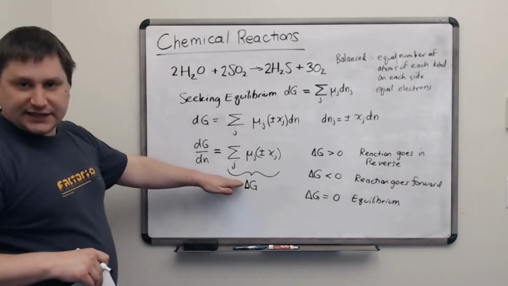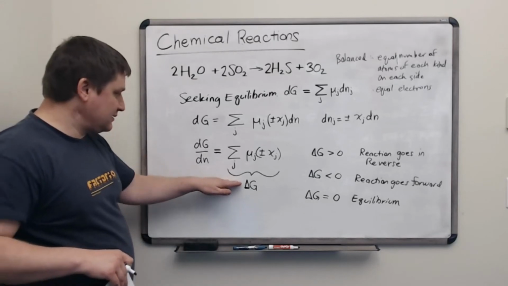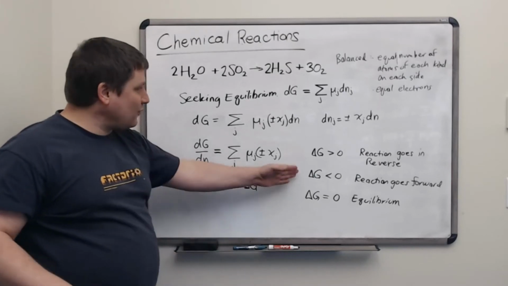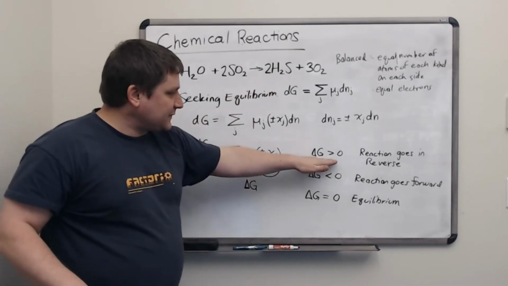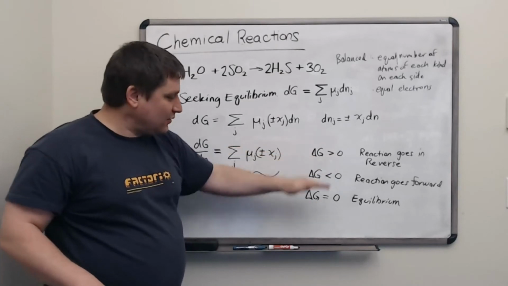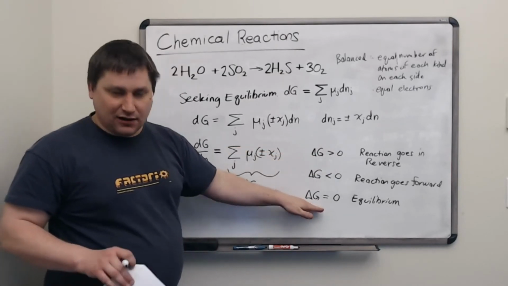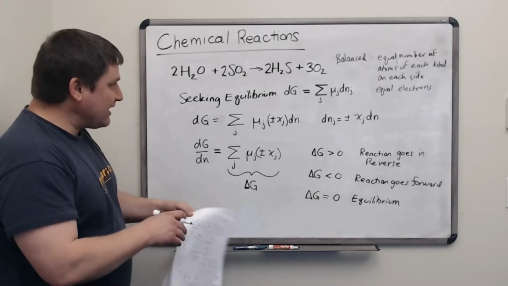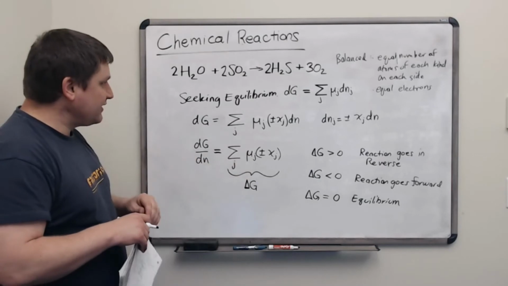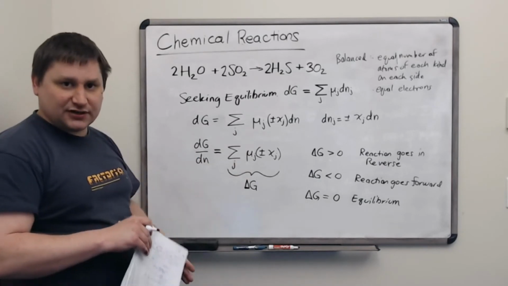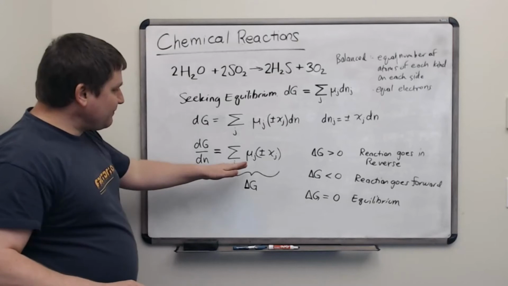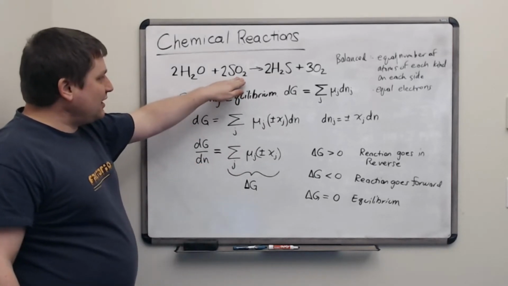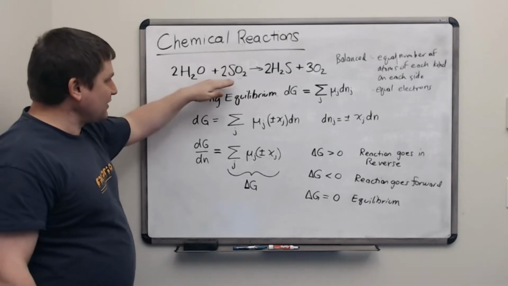So it's this quantity here, the delta G of the reaction, which determines whether the reaction will happen the way we said, will happen backwards of how we said, or will not really happen at all. Now remember that in general, these chemical potentials can depend on things like the pressure, the temperature, and they can also depend on the relative fraction of these different components.